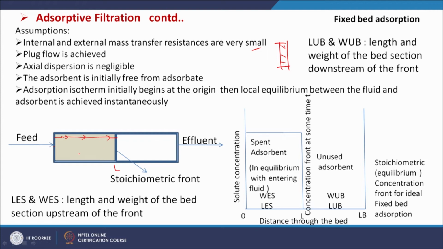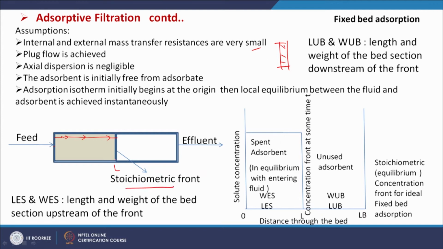So, these are our assumptions basically. The adsorption isotherm begins at the origin, and local equilibrium between the fluid and adsorbent is achieved instantaneously. Okay. In that case, in the whole bed some part will be exhausted, and some part of the adsorbent will not be exhausted at all, it will be free for adsorption. So, this is our stoichiometric front.